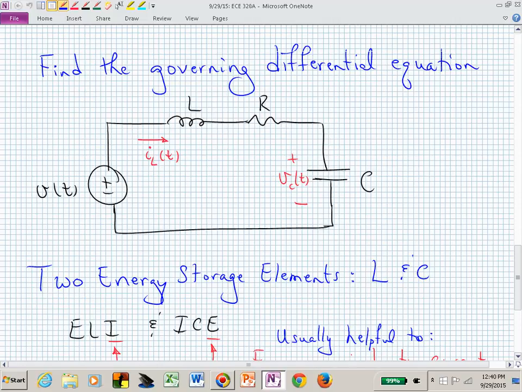What I want to do now is define these voltages using the passive sign convention, meaning the current's going into the positive terminal before it actually passes through the element itself. And now let me just start by writing KVL in terms of those voltages that I've identified in the circuit.